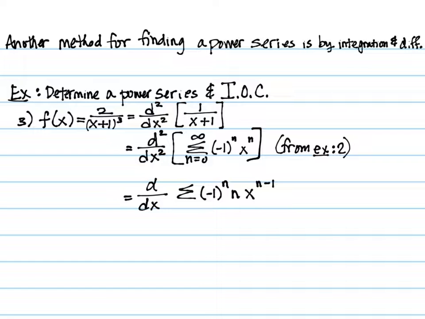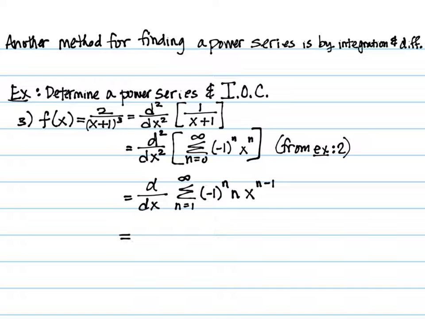So when we take the derivative of this thing, the constant term is going to become 0, which means our series will actually now start at n equal to 1, because at n equal to 0, the term goes away. It still goes to infinity, because you can't take 1 away from infinity or add 1 to infinity. That doesn't matter, right? We have to do it a second time.